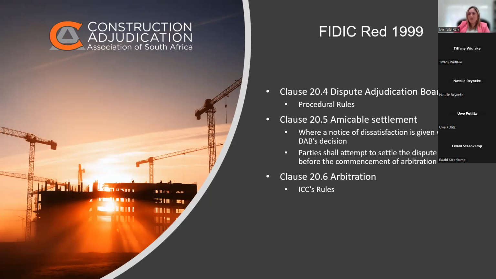So this amicable settlement process is inserted in there. Nothing is stipulated about how the process will be followed. Will they meet and negotiate? Will they pull in an independent third party? Do they have meetings? Nothing like that is stipulated there. It just says they shall attempt amicable settlement.